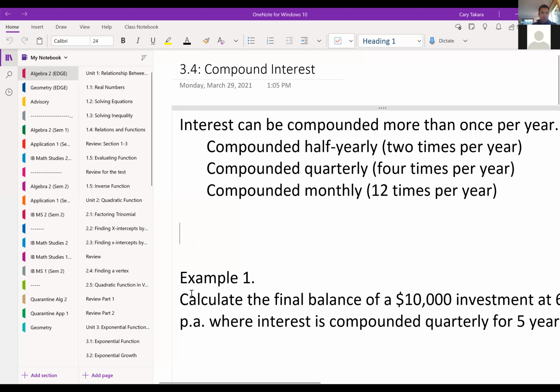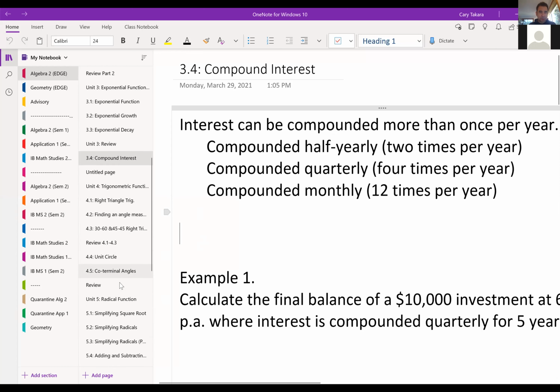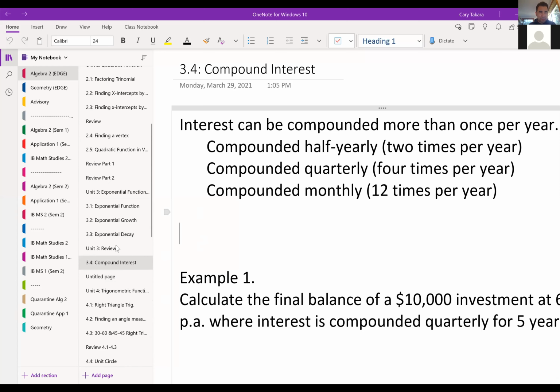All right, so we have been working on exponential growth and exponential decay problems. I'm not going to go over the problem, but the next 2 days, Wednesday and Thursday, we're just going to do a bunch of review.